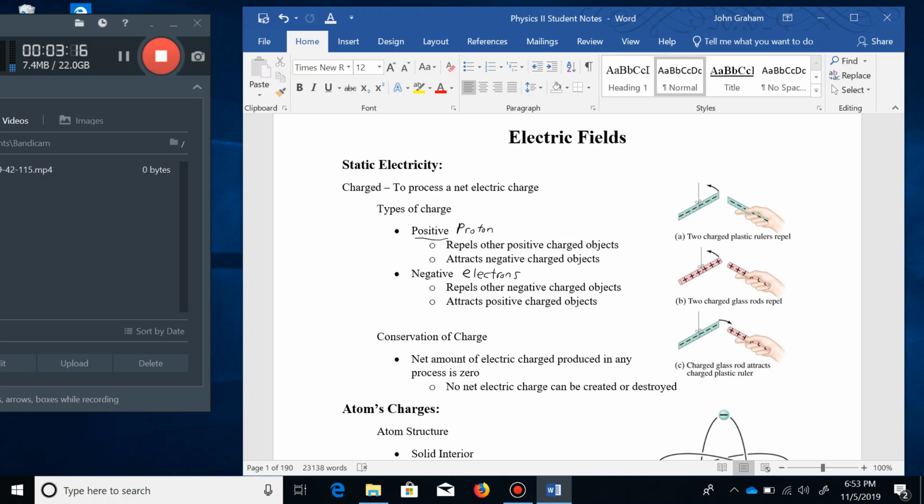A proton and an electron will attract one another, and a proton will repel other positive charges, including other protons. This becomes big when we're looking at radioactivity. But protons also attract negative charges. And electrons and other negative charges will repel each other as well.